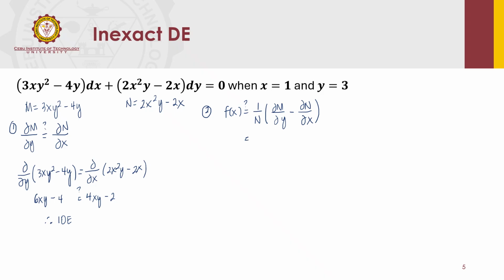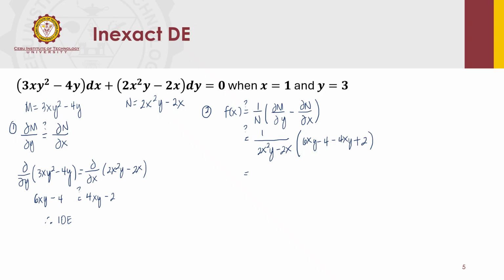N is 2x squared y minus 2x. For the first expression, from step number 1, it's 6xy minus 4, minus the quantity 4xy minus 2, so minus 4xy plus 2. So let's see if we can get a pure function of x.